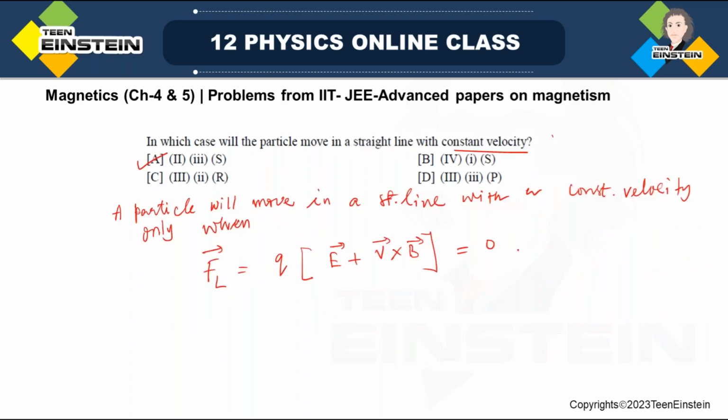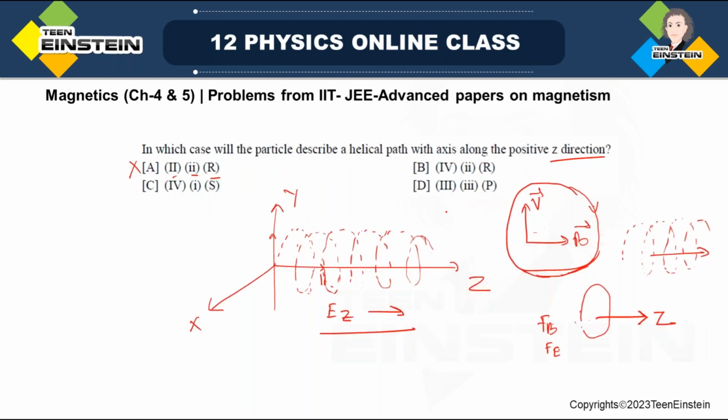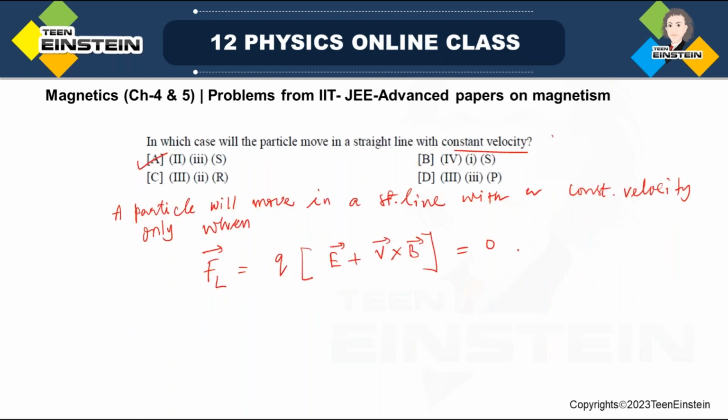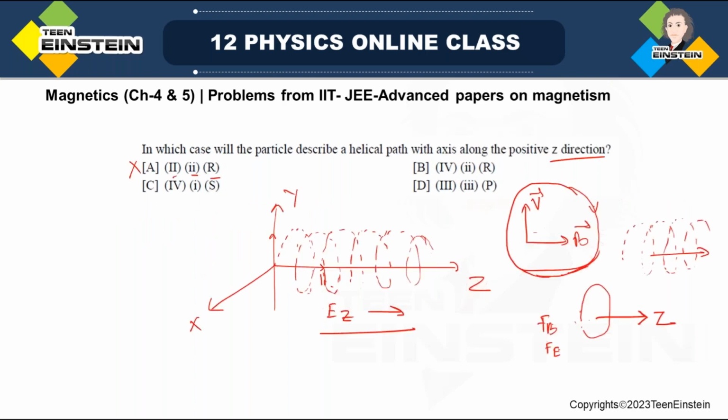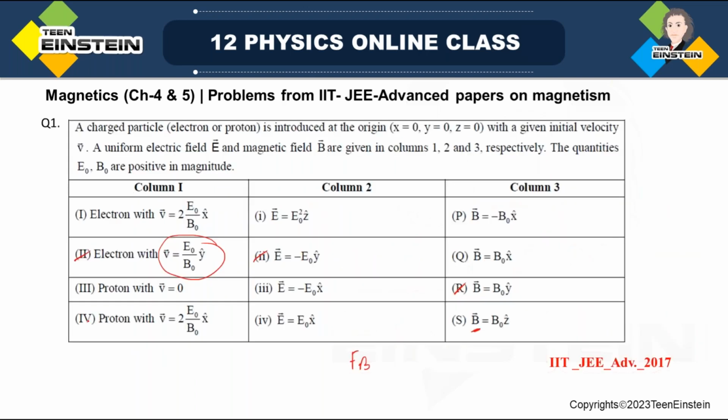The second option, what is the second option? Second option says 4 2 and r. Let us see what is 4 2 and r. Here it is 4, here it is 2 and r.